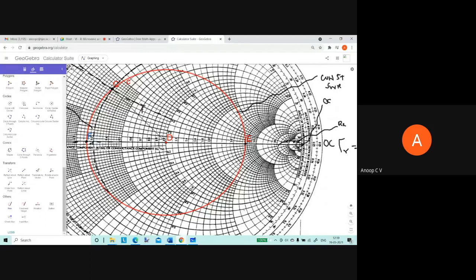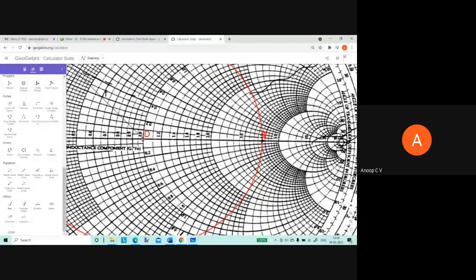The R value corresponding to this point E will be your Zmax, and that is numerically equal to the standing wave ratio. So let us zoom in and see what that is. If you zoom in, you can see R equal to 2, R equal to 3, and this is R equal to 4.